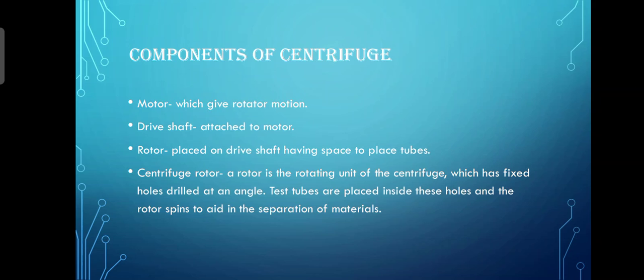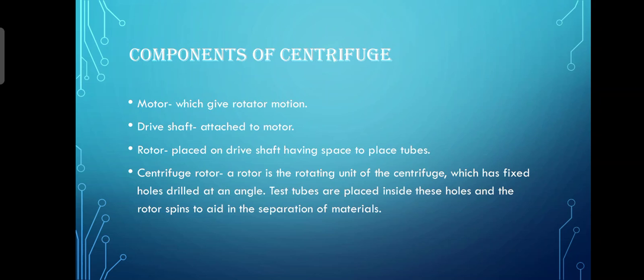Here are some components of a centrifuge. First one is the motor, which gives rotary motion to the centrifuge machine. The drive shaft is attached to the motor. The rotor is placed on the drive shaft, having space to place tubes. A rotor is the rotating unit of the centrifuge which has fixed holes drilled at an angle.